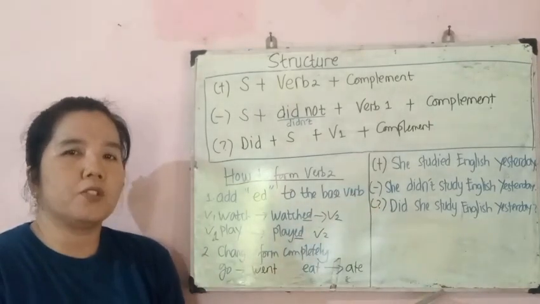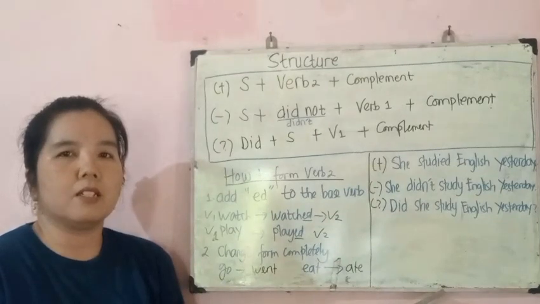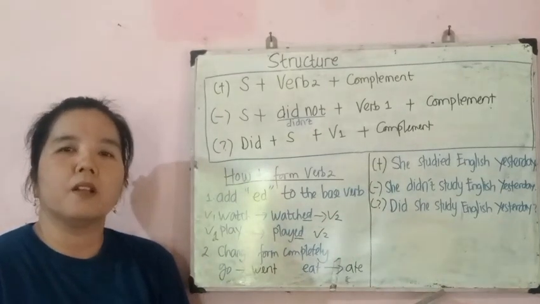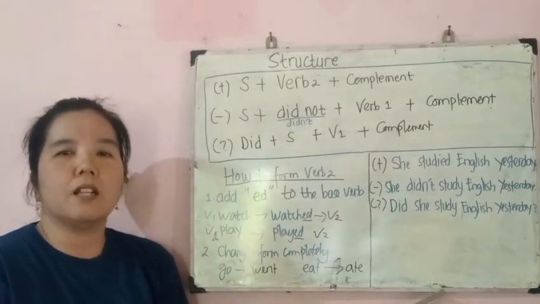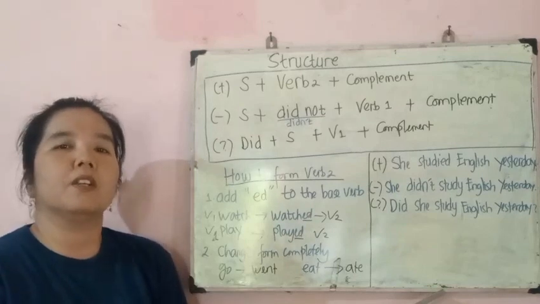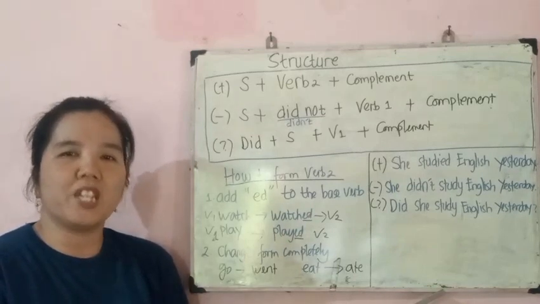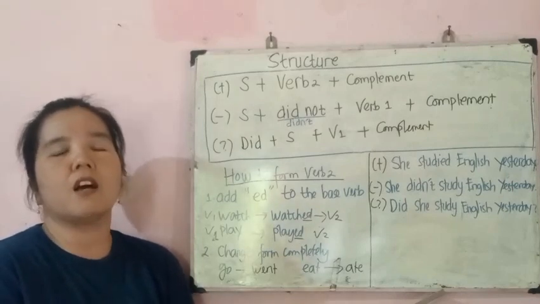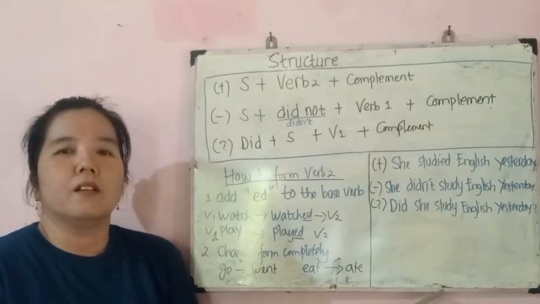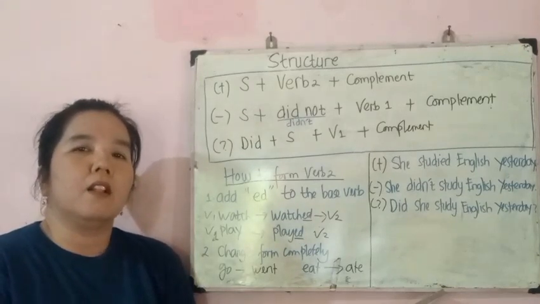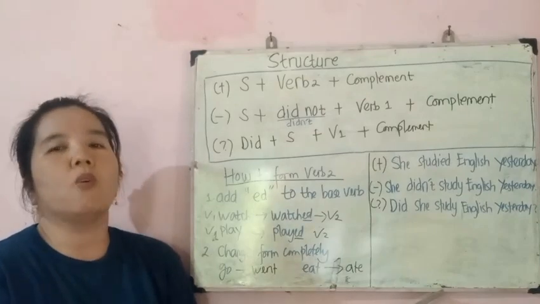Okay, the adverbs of time for the simple past tense are last week, last month, last year, 5 minutes ago, an hour ago, yesterday, last night, last summer, and so on.